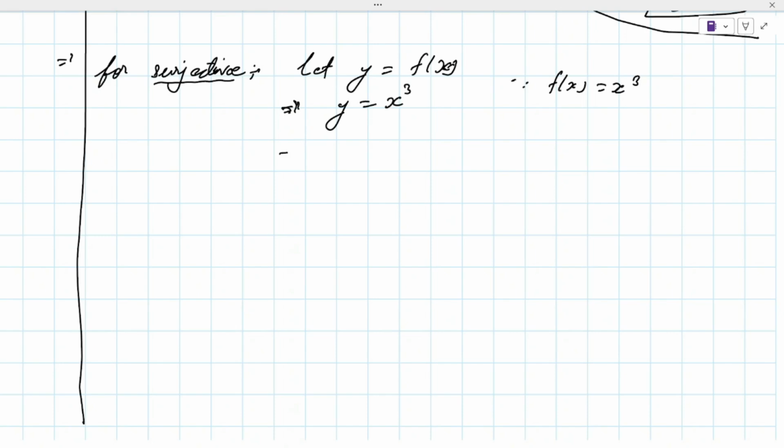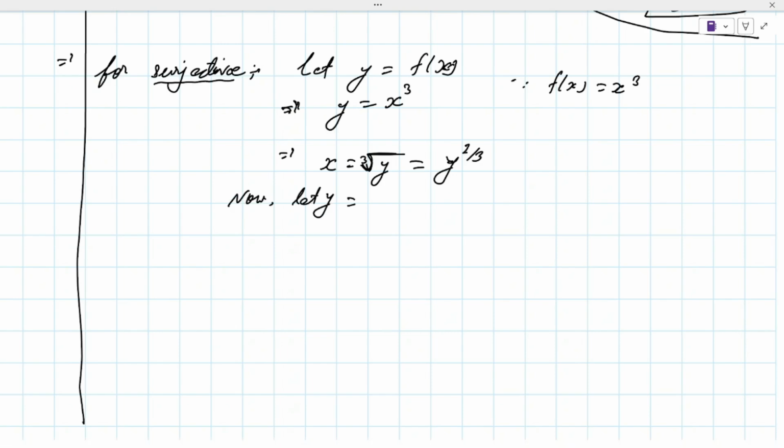So this part we can write as x equal to cube root of y, or this one also can be written as y to the power 1 by 3, right?